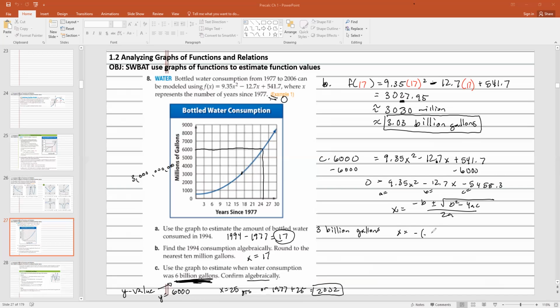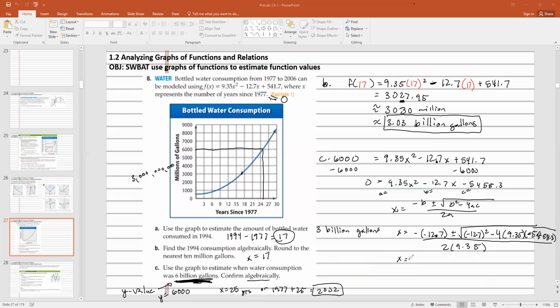So minus negative 12.7, but the negative is going to cancel out, plus or minus the square root of negative 12.7 squared minus 4 times our a, 9.35, times c, negative 5,458.3, all over 2 times a, 9.35.